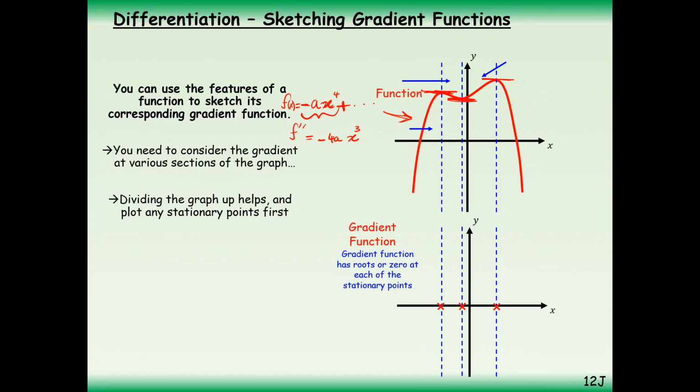The point is, we almost don't care about this 4a there. The point is that it's minus and it's a cubic. The f dash, or the derivative function, is a negative cubic, therefore it will have an end there and end there. That's what I'm trying to get to.